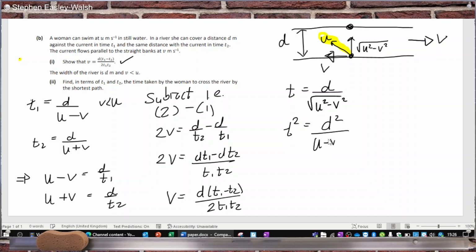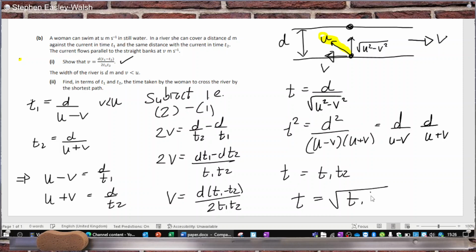That becomes u minus v, u plus v. That's equal to d over u minus v and d over u plus v, which we can identify as t1 and t2. So that's equal to t1 t2. So therefore t is root t1 t2.